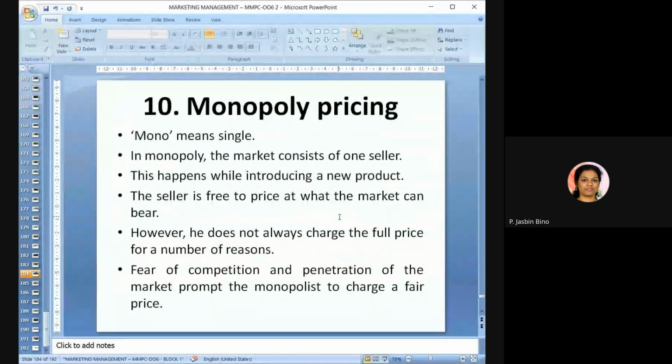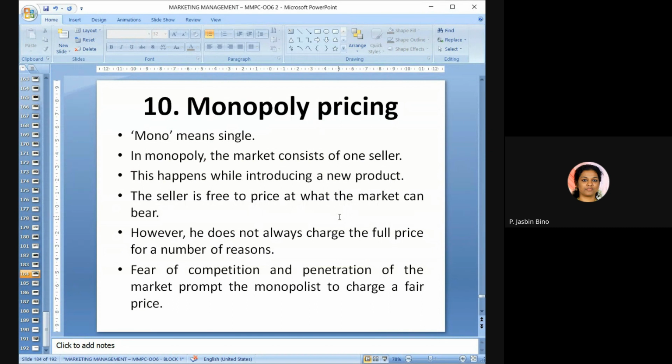Then monopoly pricing, mono means single. So in this monopoly, there will be only one seller. So whatever price he fixes, that is the price of the product. So he's free to fix whatever price the market can bear. So he cannot charge high prices.